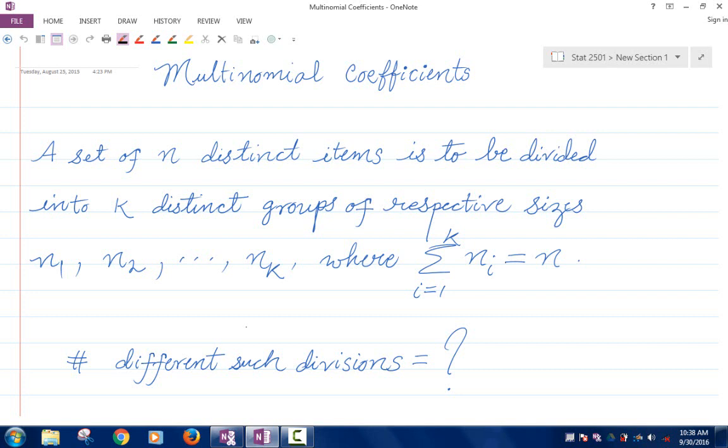So the question is, what's the number of such divisions? How many ways can I divide n objects into k groups of size n1, n2, up to nk? Right, that's the question.